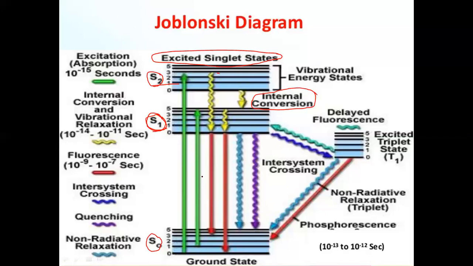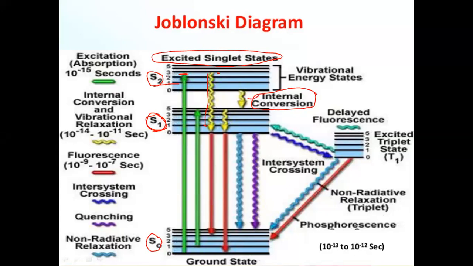Did you understand? The electron absorbed energy, went to an excited level, S1, S2, but from S2 it came back to S1. Both are excited energy levels, but the absorbed energy is used in the form of heat, or converted into heat. So that's why it cannot emit energy. So it is called a non-radiative process, and this process is known as internal conversion.